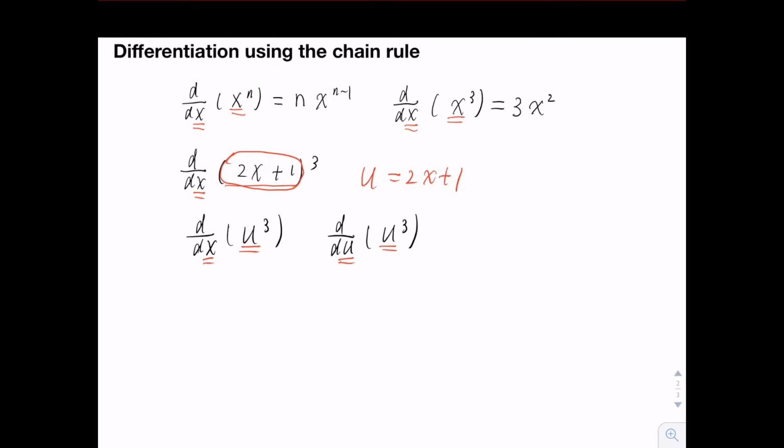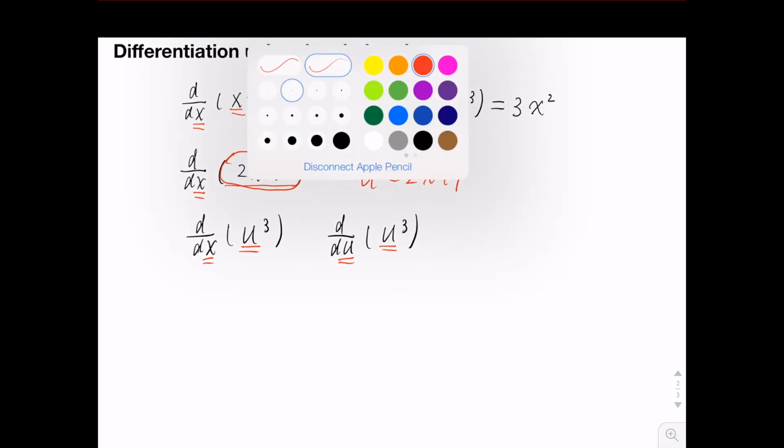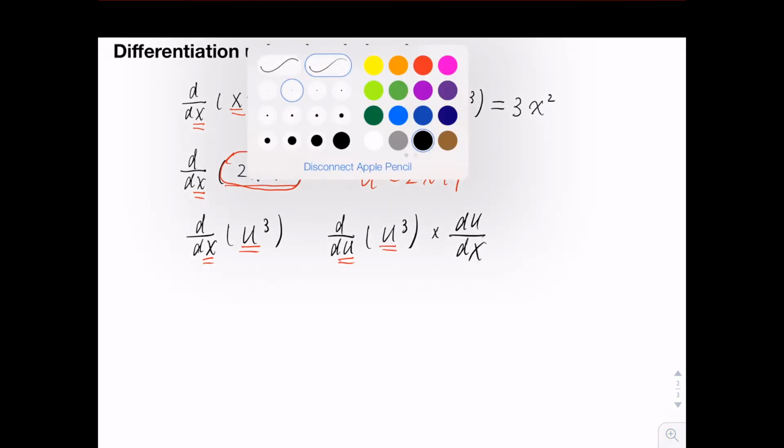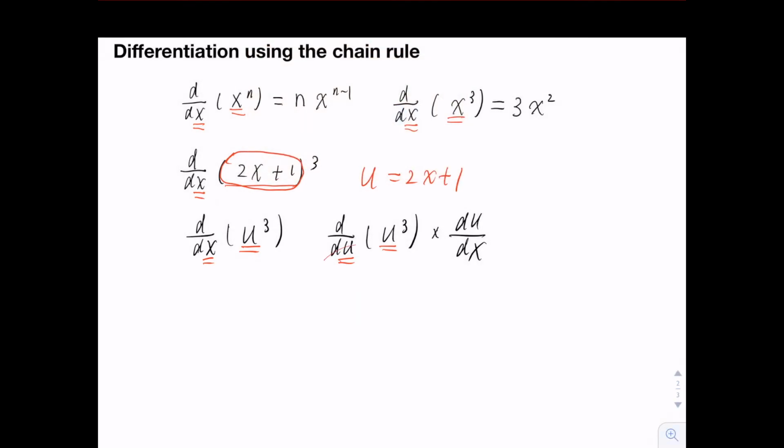They're not equal to each other. So how do I make them equal to each other? I can balance something on the side. I times du on dx. And then you can see if I cancel this du and du, it's exactly the same as my question. Now I can actually put an equal sign in between these two.